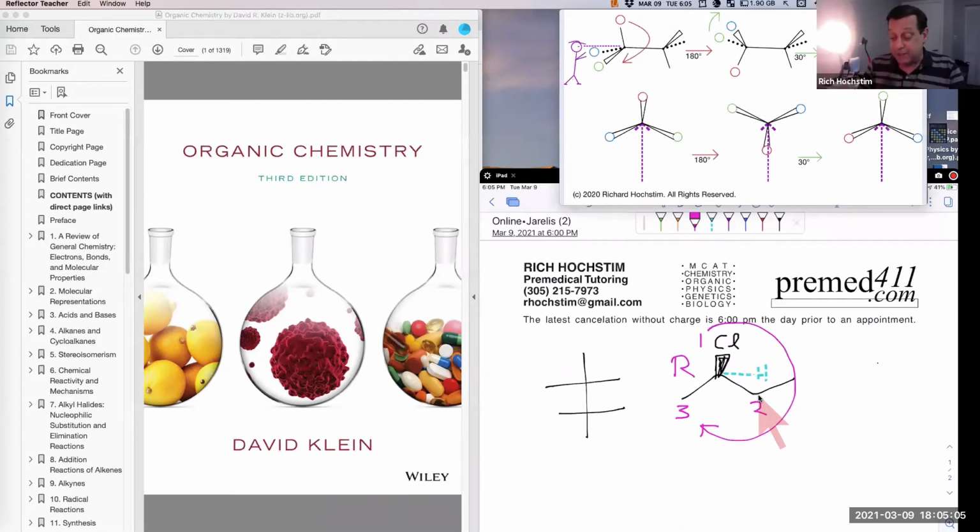Now tell me if this looks good. I'm going to call this 2R chlorobutane. How about that part?